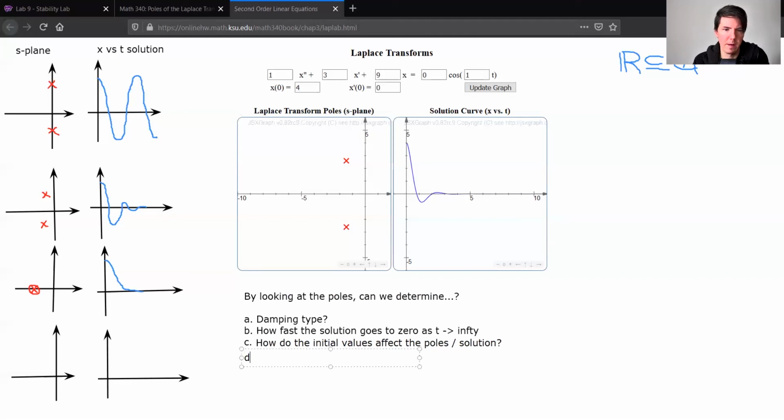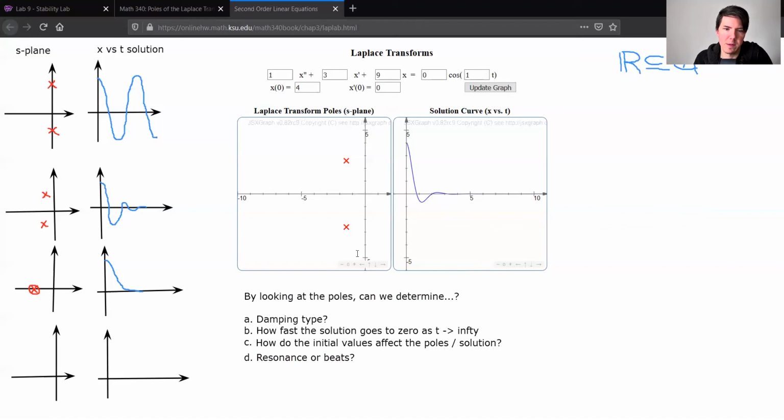And then I think a final thing that we might ask would be, can we determine resonance or beats? So these are different things you would ask about making predictions about the solution curve based on the poles.